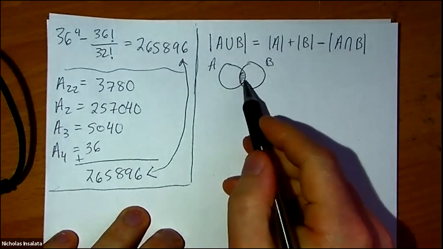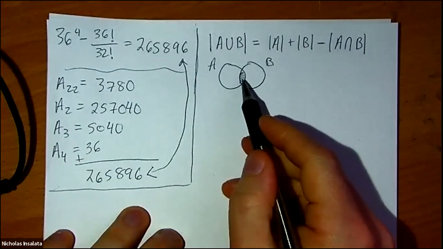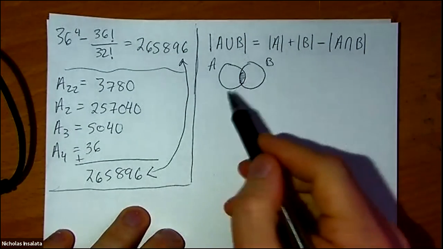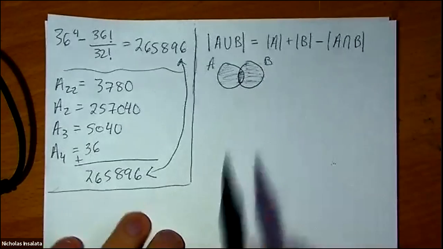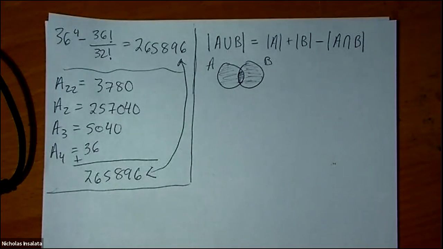We added it in once for A and once for B. So we subtract off one of them, and that's how we get the entire union, like this, right? What do you guys think? Does that make sense? Makes sense.